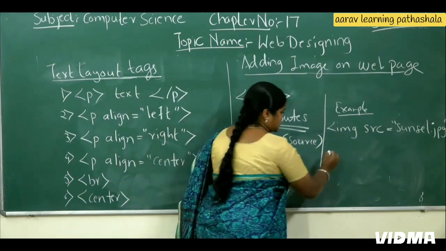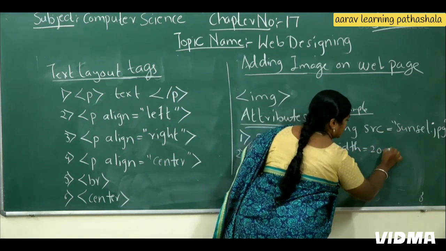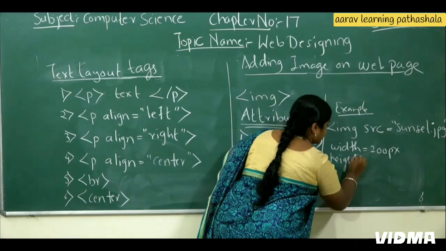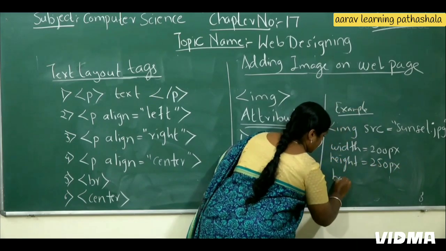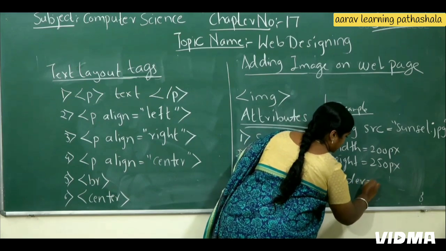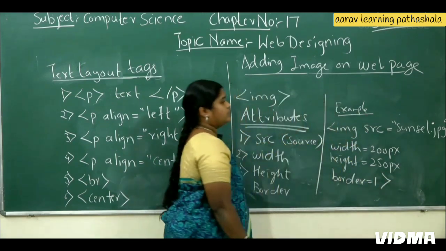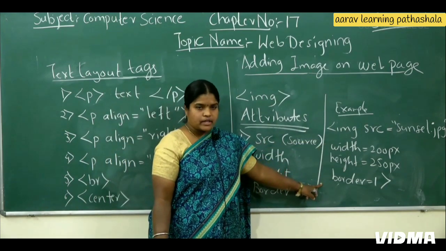After that we will specify the width. Width is equal to 200 px, that is pixels. Then we will specify the height is equal to 250 px and border is equal to 1, and finally close the tag. So this is how the image tag can be written.